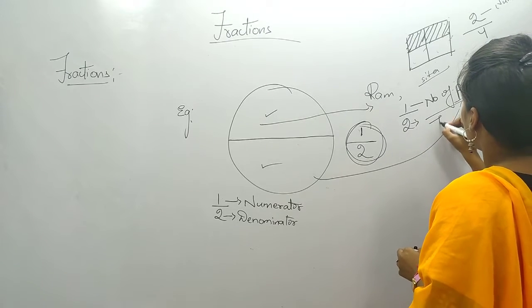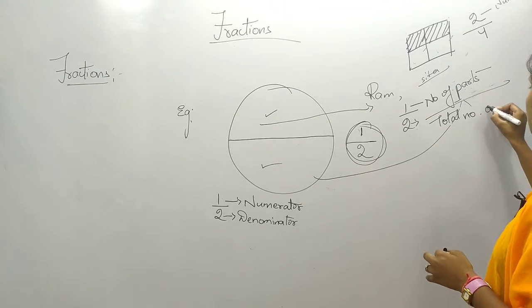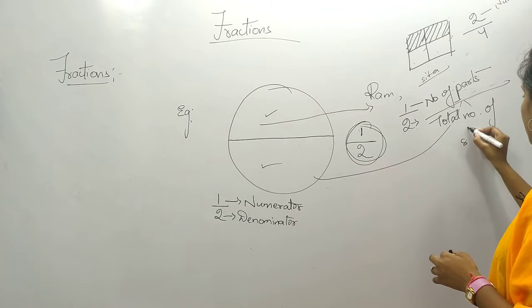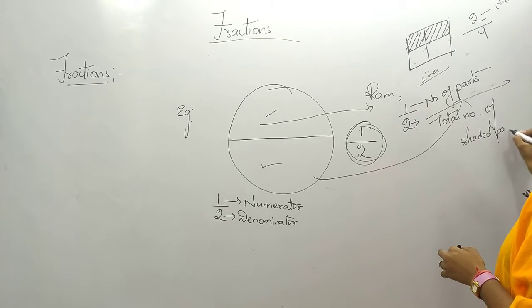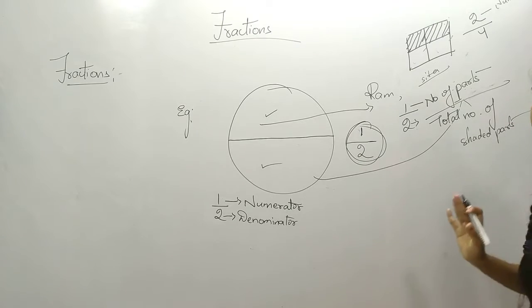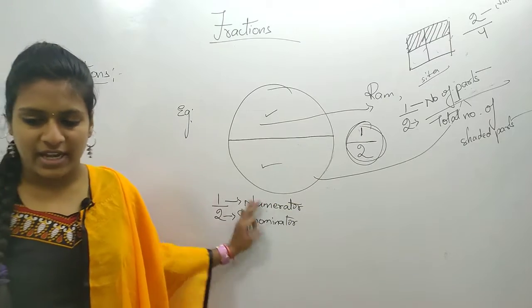Denominator as total number of parts. The total number of parts is called the denominator. Just we got a small knowledge about the fraction.